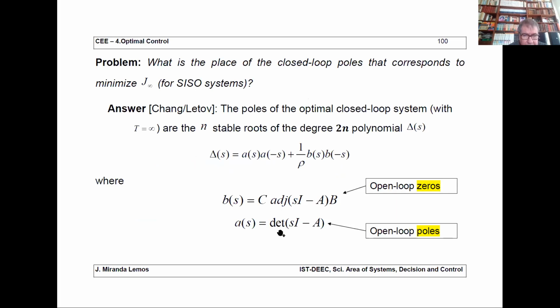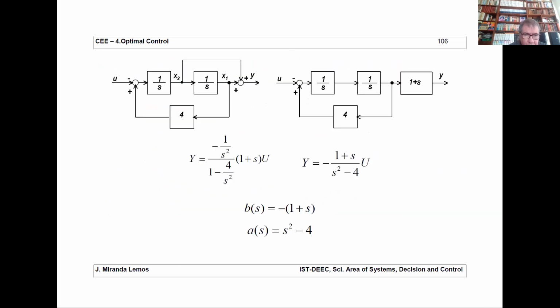Okay, so this is something that you can do in an almost automatic way. So I won't go through the details of computing the transfer function, and the transfer function is this one, minus 1 plus s divided by s squared minus 4. So I put a minus on the numerator. Okay, it's somewhat arbitrary. Now, this is my b of s, minus 1 plus s, and this is my a of s, s squared minus 4.